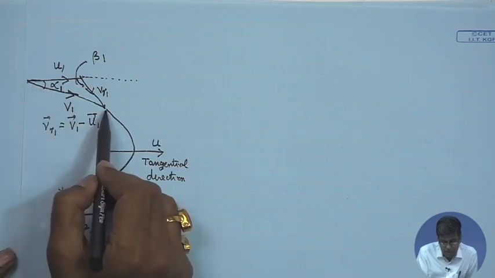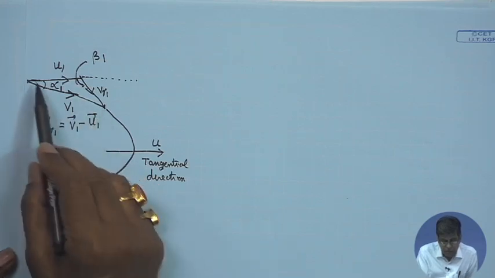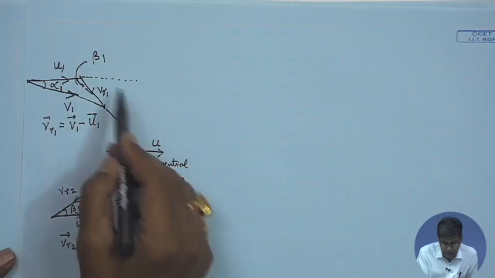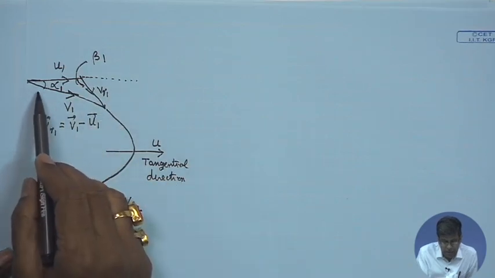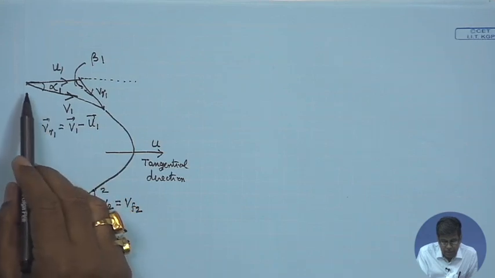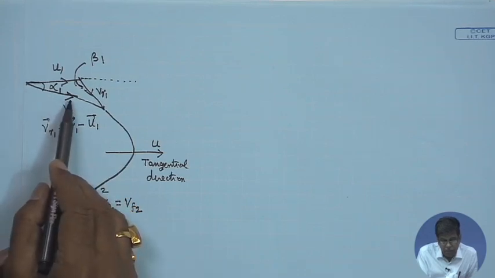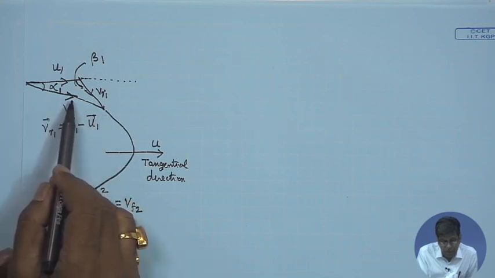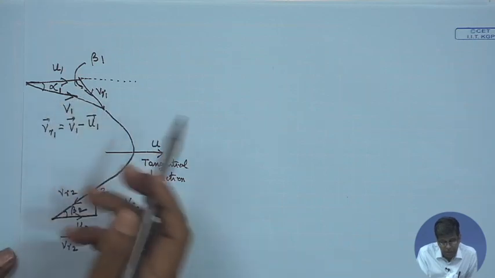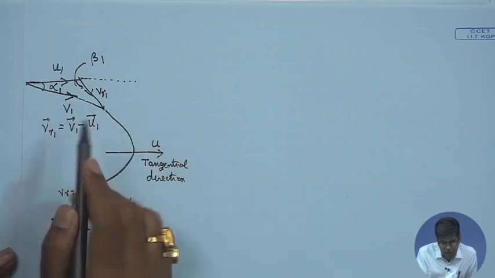This is the tangential direction, and the angle is nothing but the angle of the guide blade, because the guide blade directs the fluid to the runner. The guide blades, or guide vanes, are static.